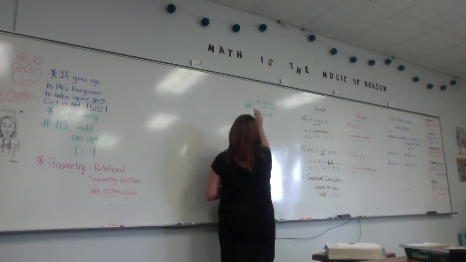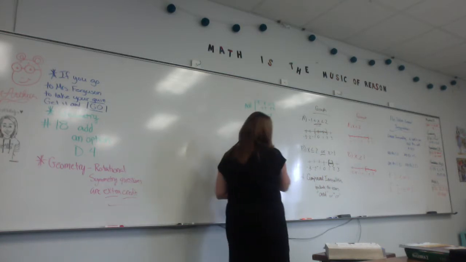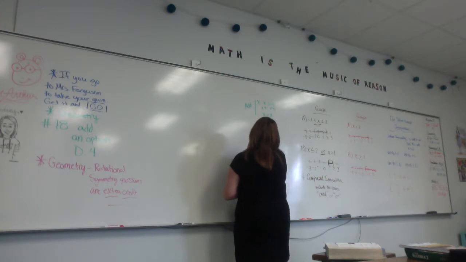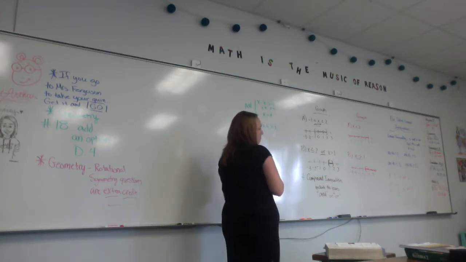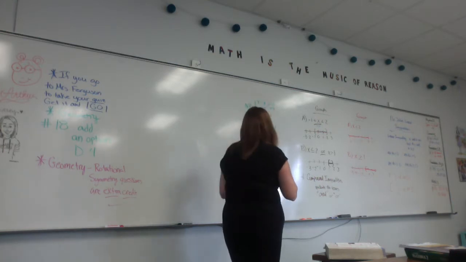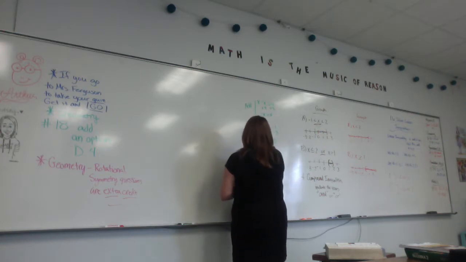What happens when I have x plus 3 is greater than or equal to 1? What do I do there? You subtract 3. I subtract 3, I get x is greater than or equal to negative 2. This is subtraction.